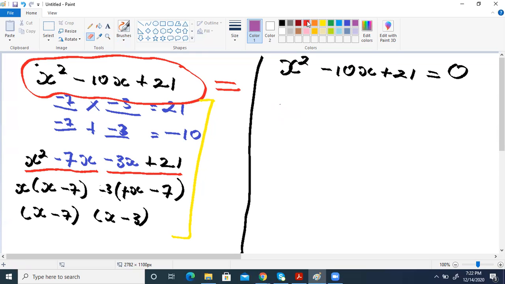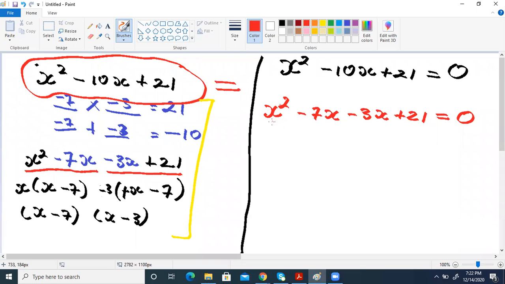So you would do the same thing. You would split the term, so you'd have x squared minus 7x minus 3x plus 21. In this case, it's an equation, so it's equal to 0. Everybody following so far?